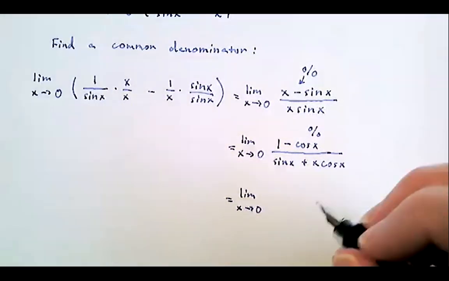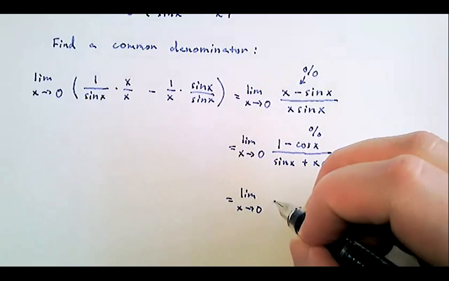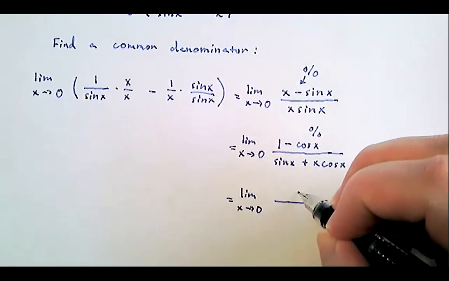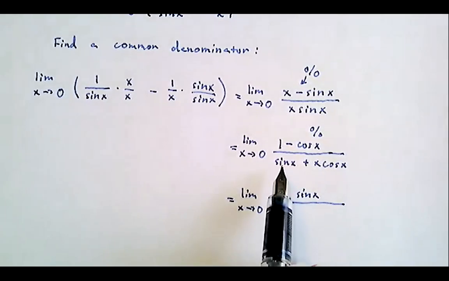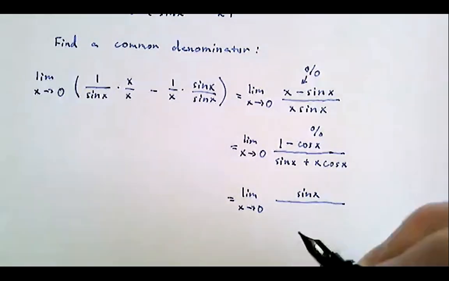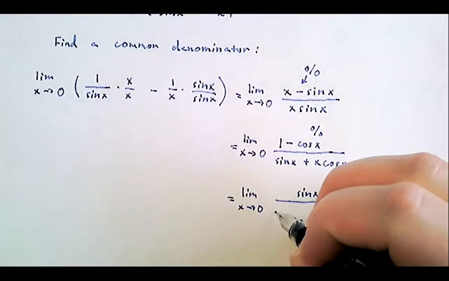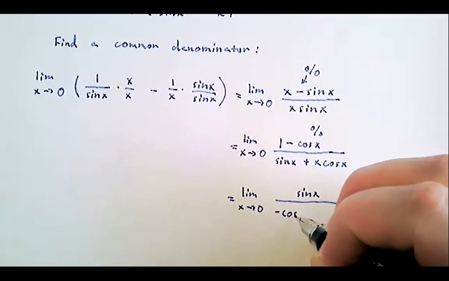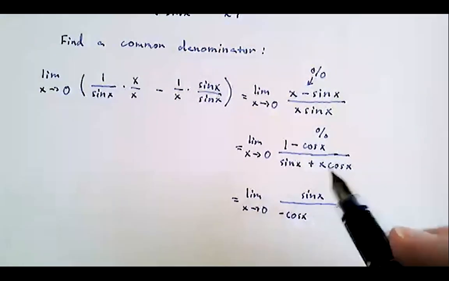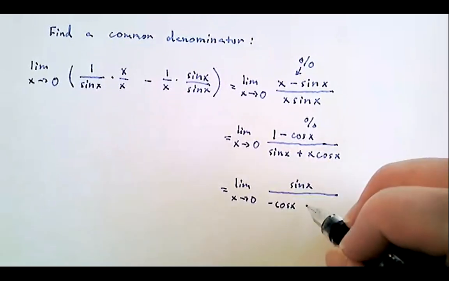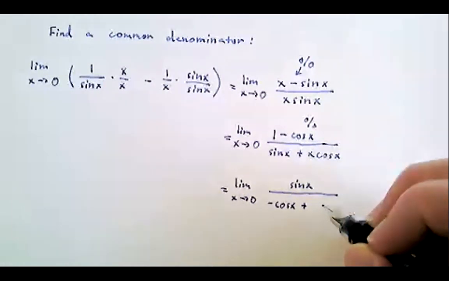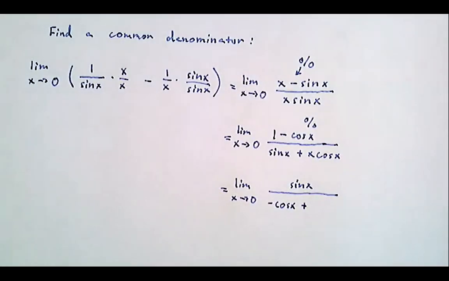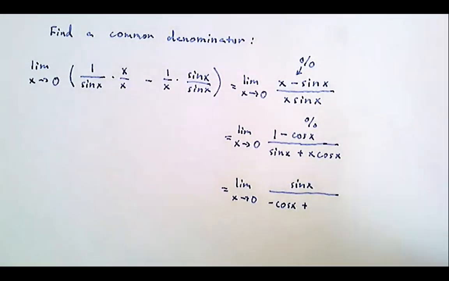Up top, we'll get a positive sine. And then in the denominator, we'll get a negative cosine. And then we'll have to do the product rule again. Okay, might have cut out there for a second.